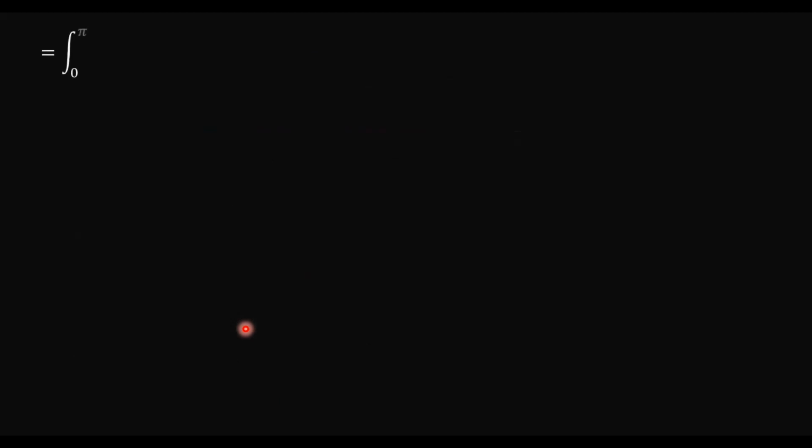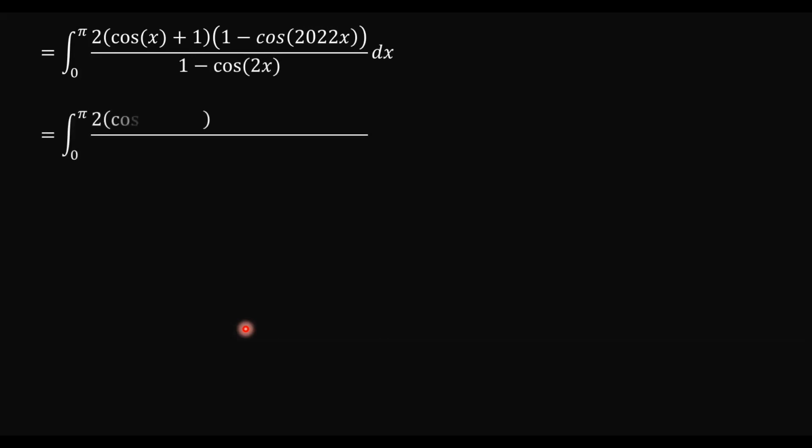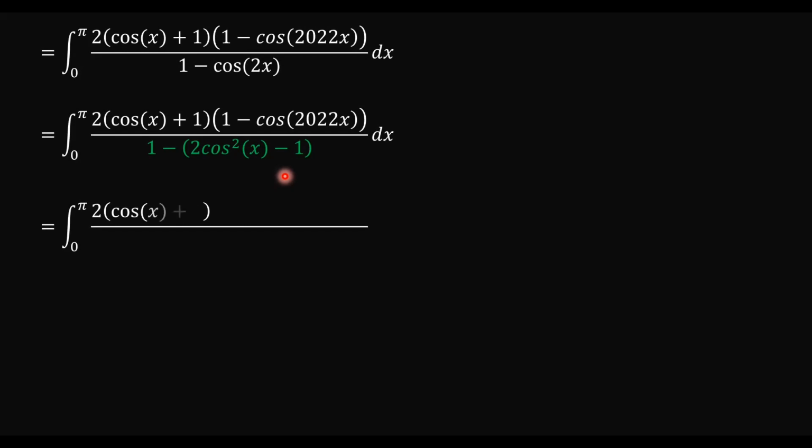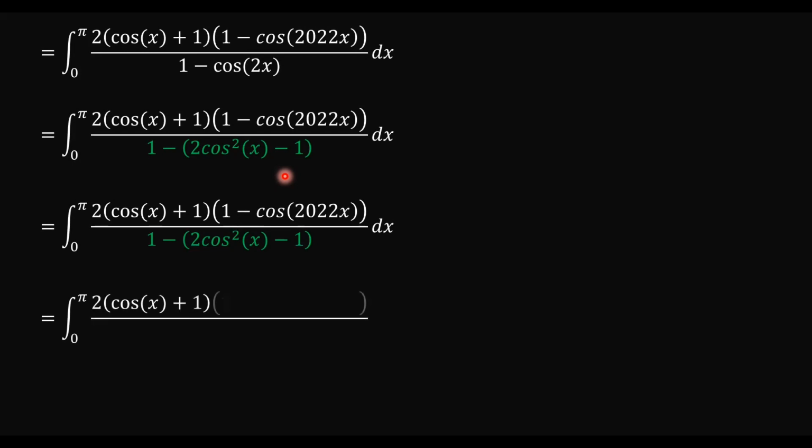When we substitute that, we get what we are showing here in green, and that results in 2 minus 2 cosine squared x.